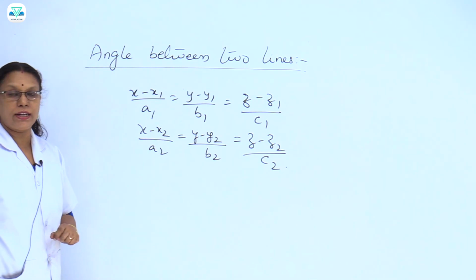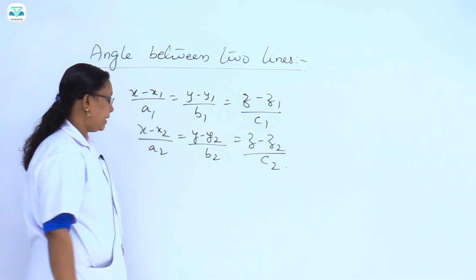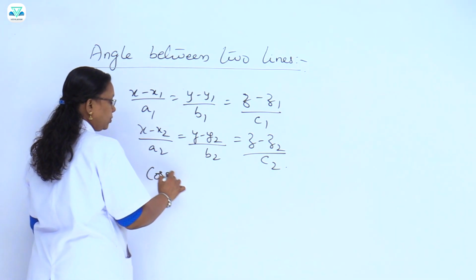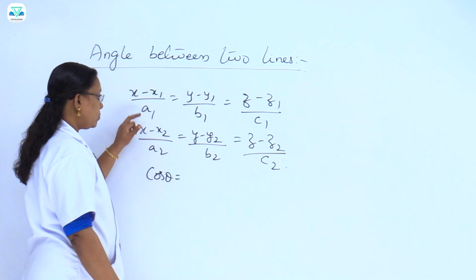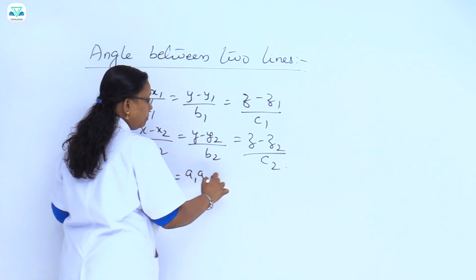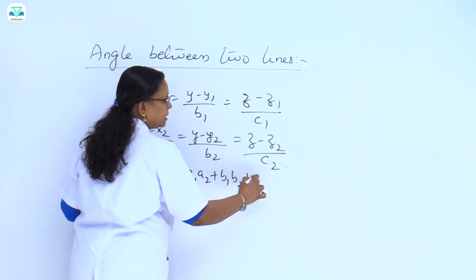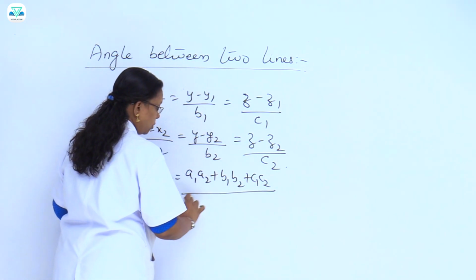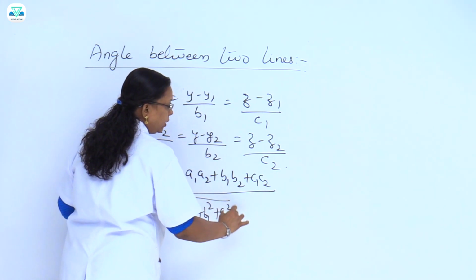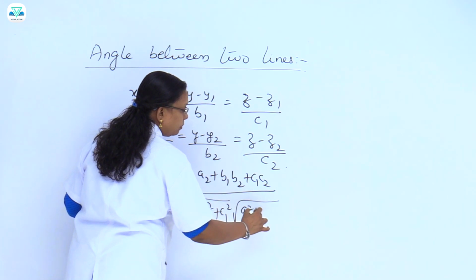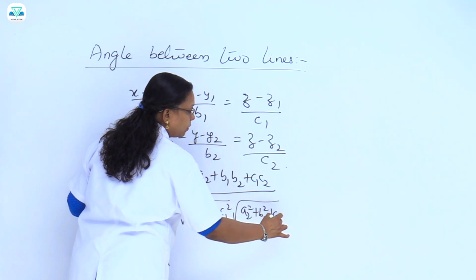If the Cartesian form is given, what is the angle between the lines? So, cos theta is equal to, parallel vectors in the direction ratios. So, A1 A2 plus B1 B2 plus C1 C2 by root of A1 square plus B1 square plus C1 square into root of A2 square plus B2 square plus C2 square.